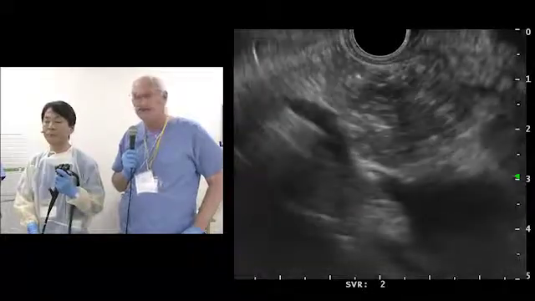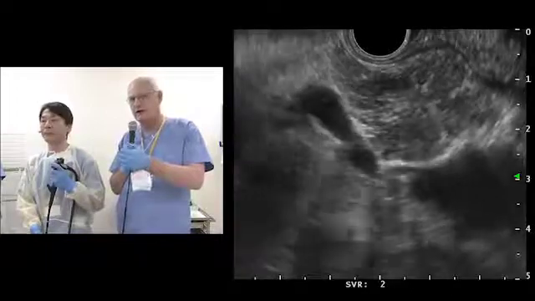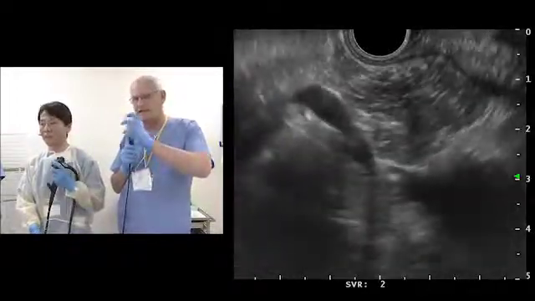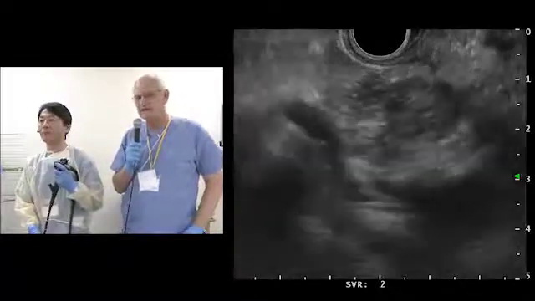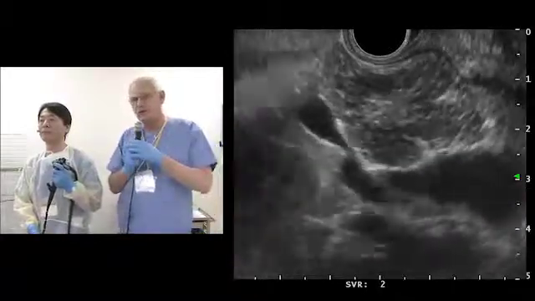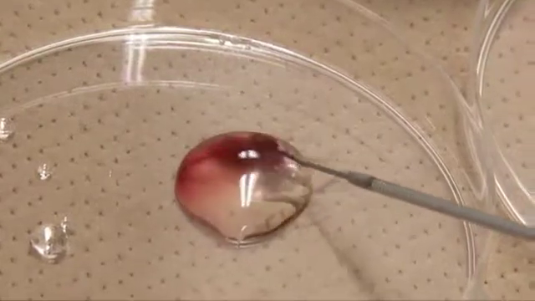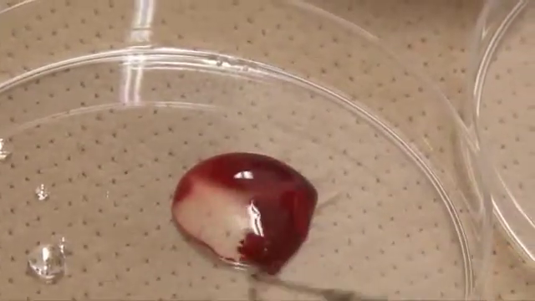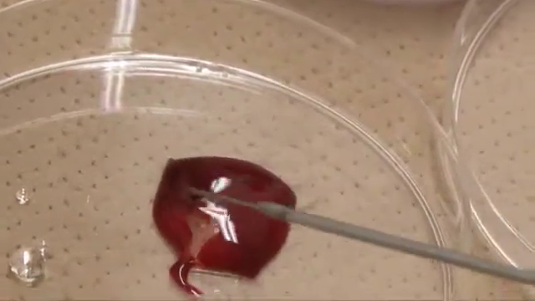Yes, the trajectory can be changed either by changing the elevator wheel or by changing the big dial, up and down. If possible, you need to try to withdraw completely from the lesion. If my fist right here is the lesion, and you're still in the lesion and you try to change the trajectory, you can't do it very well.